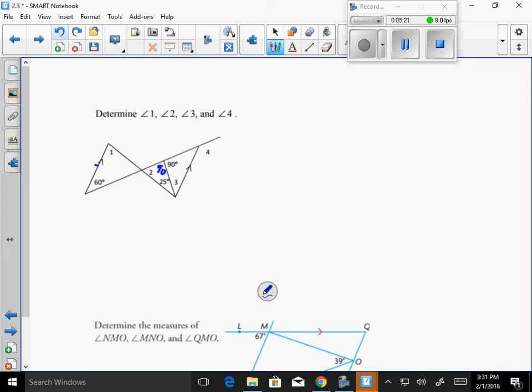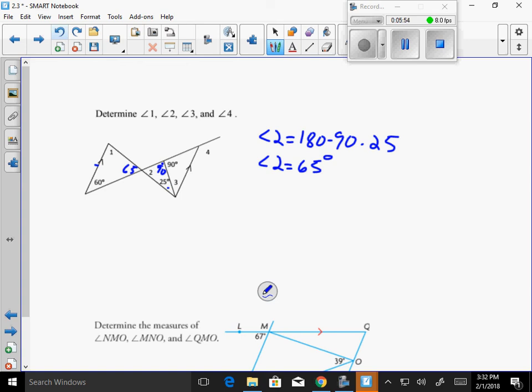Okay, so because I have now two angles of this triangle here, I know that angle 2 is going to equal 180 minus 90 minus 25. So I could say angle 2 is going to be 65 degrees. So since I know angle 2 is 65, I know that this is 65 as well because they're vertically opposite.